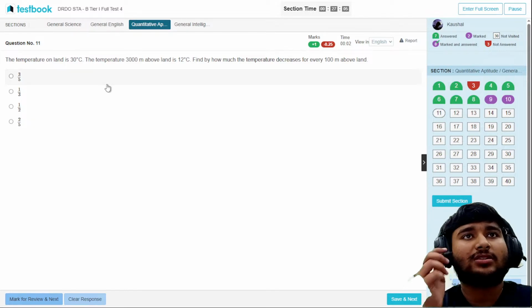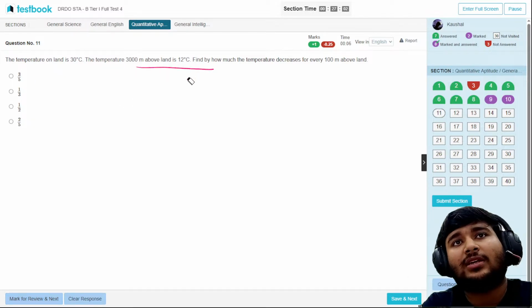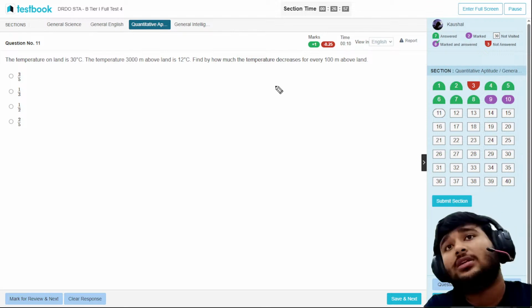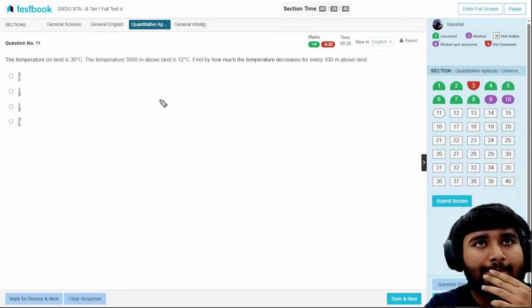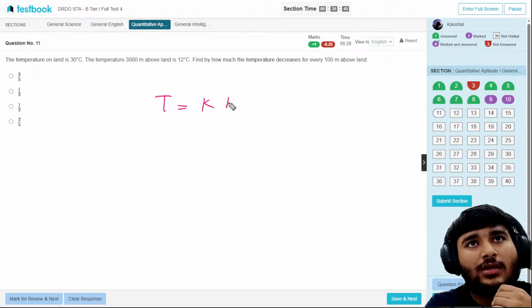The temperature of land is 30. If the temperature 3000 meters above the land is 12, then find how much temperature is decreased. Temperature decrease every 100 meters above. Temperature is directly proportional to height.